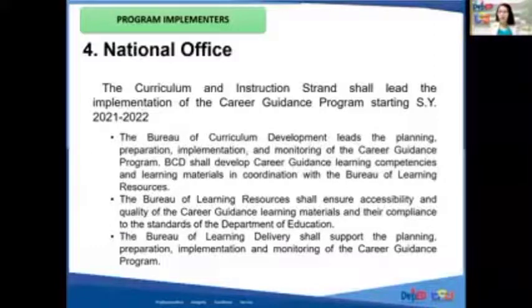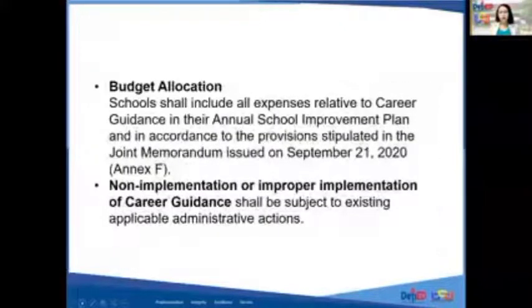So BCD shall develop career guidance learning competencies and learning materials in coordination with the Bureau of Learning Resources. And then the Bureau of Learning Resources shall ensure accessibility and quality of the career guidance learning materials and their compliance to the standards of the Department of Education. And then the Bureau of Learning Delivery shall support the planning, preparation, implementation, and monitoring of the career guidance program. So yan. That's the task of each office, no, in the national office.